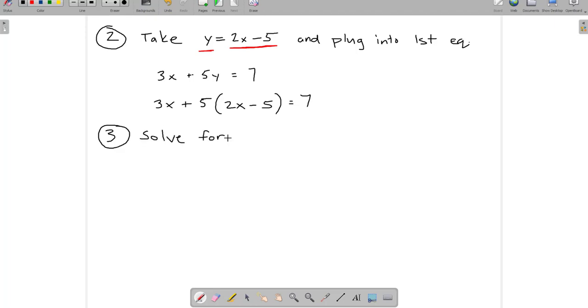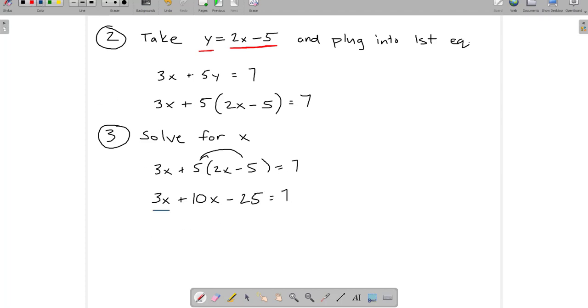So that's kind of how this whole strategy works, is to get rid of one of the variables first so that I can solve for the other one, and then we can go back and figure out what the other variable is. So we have 3x plus 5 times 2x minus 5 equals 7. Let's go ahead and distribute this 5. 3x plus 10x minus 25 equals 7.